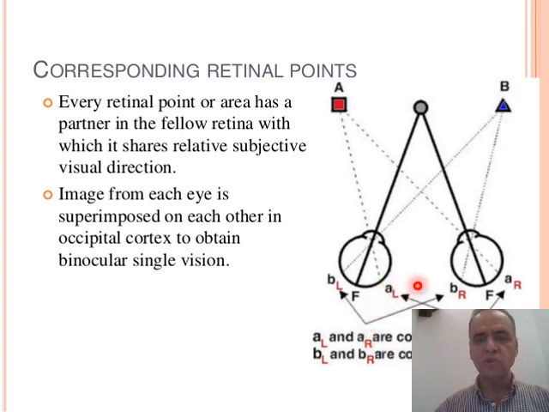This system usually develops during the first few years of life, especially the first 2 years, and it might continue until the age of 9 years. For this reason, any child with squint should be corrected before the age of 9 years, and it is preferred to correct it before the age of 2 years to restore binocular single vision.